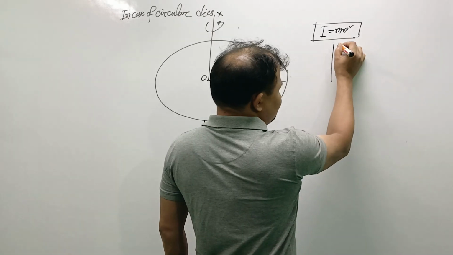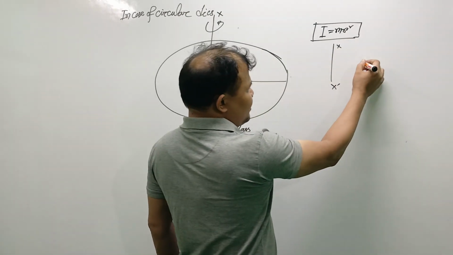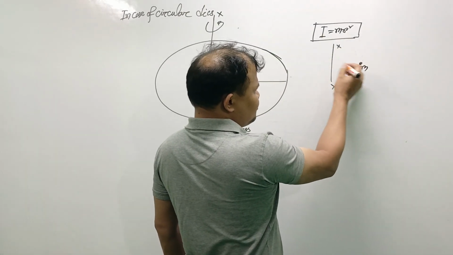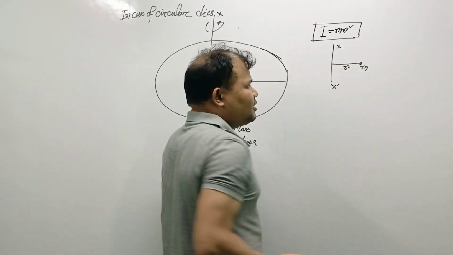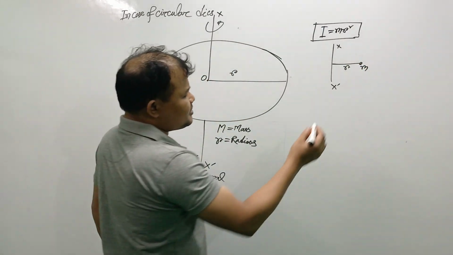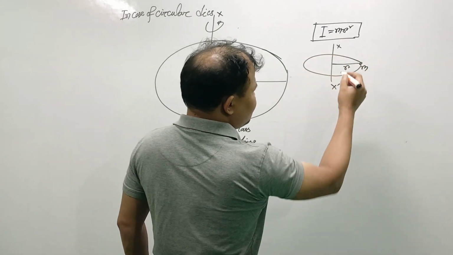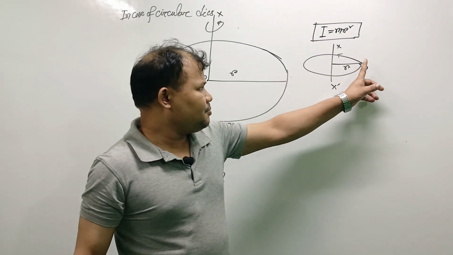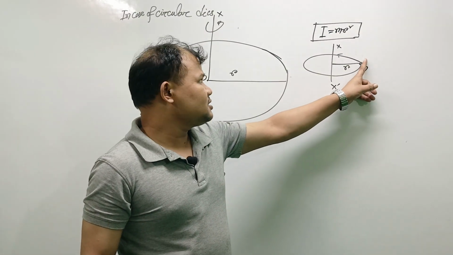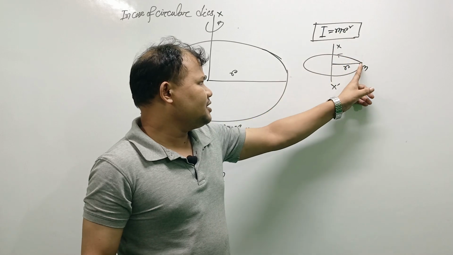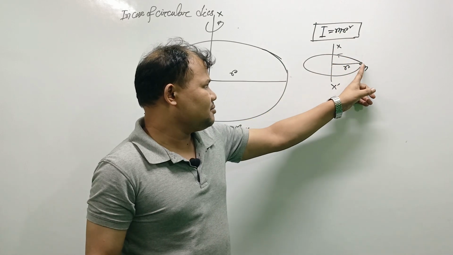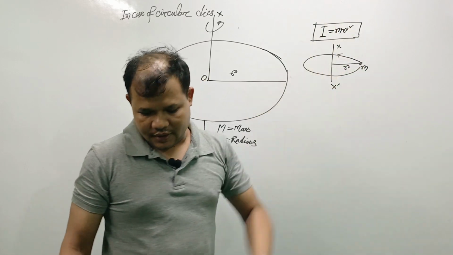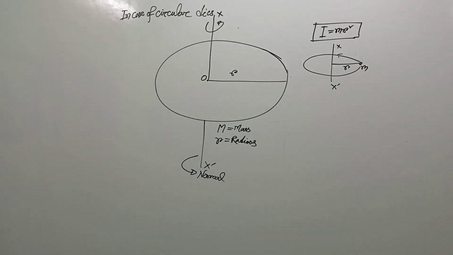Suppose this is the rotational axis x prime, and this is a point mass at a perpendicular distance r, then this is the rotational path, and the moment of inertia of this point mass is m r squared, where m is the mass and r is the perpendicular distance between the rotational axis and the mass. I think all of you clearly understand.